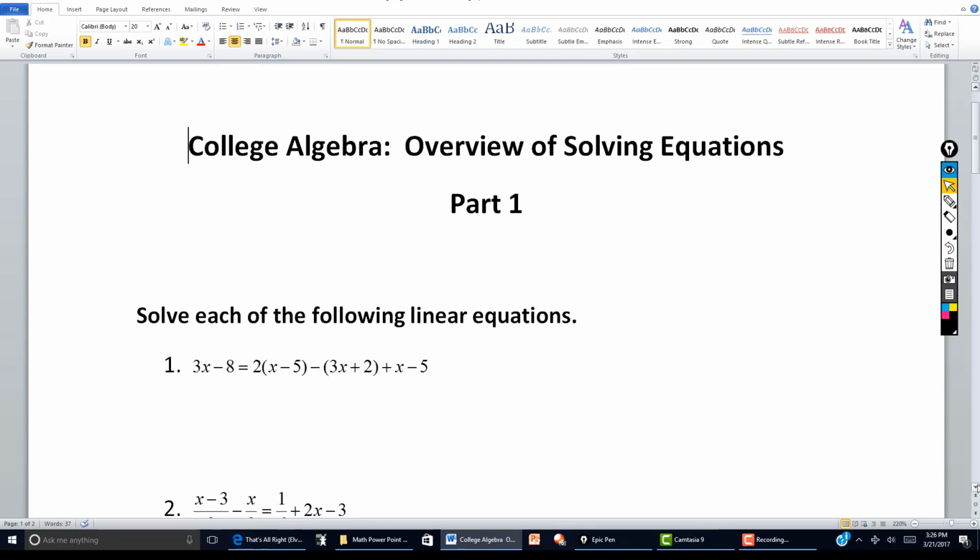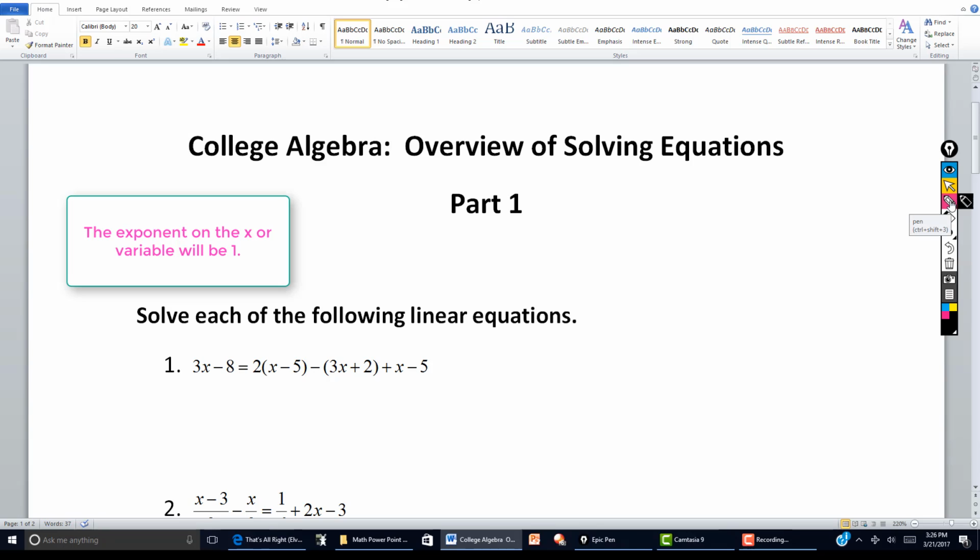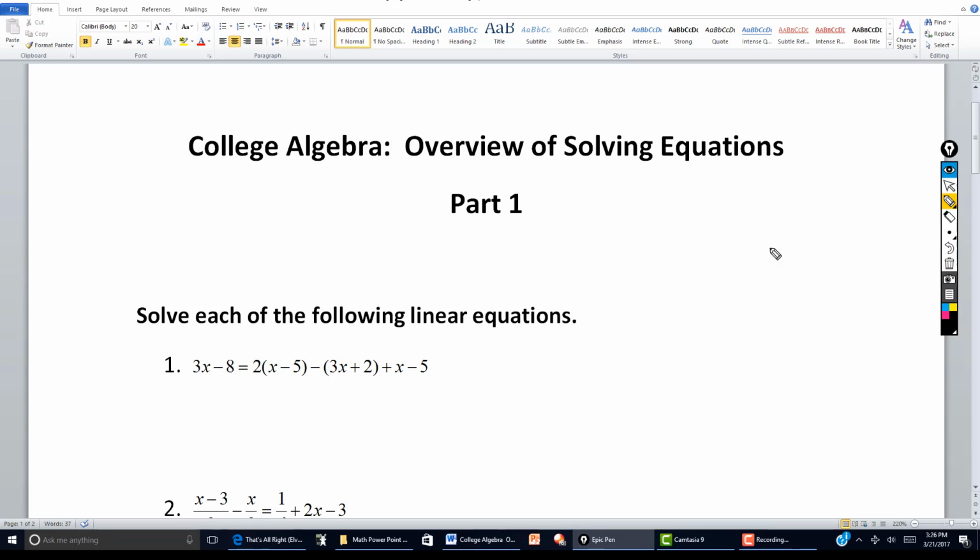Okay, so normally if there's a variable that appears, the exponent will be a 1. Now it is possible that there could be an x squared, for example. Let's say I have x is equal to x squared plus 2.